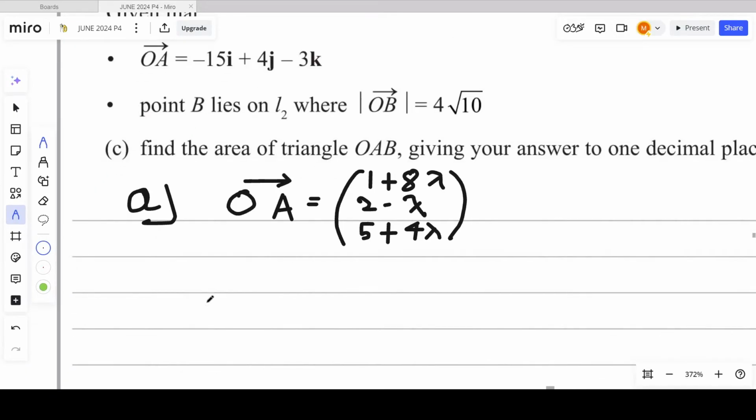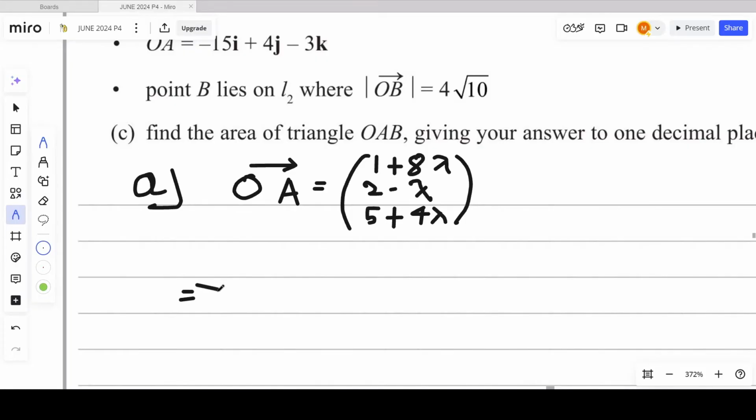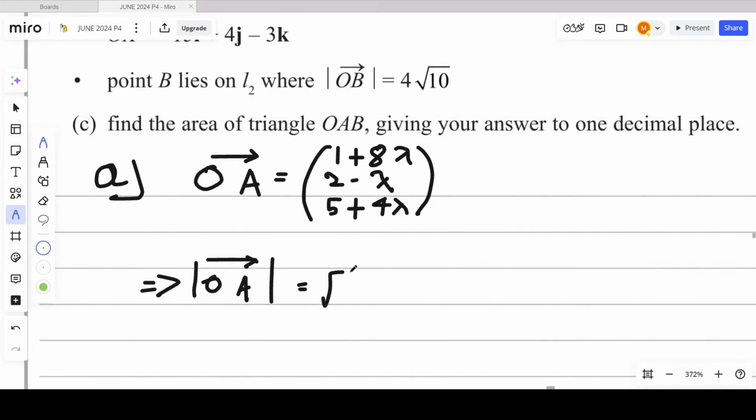Now the distance is given, right? So the modulus of vector OA would be the square root of the sum of the squares of the x, y and z coordinates.